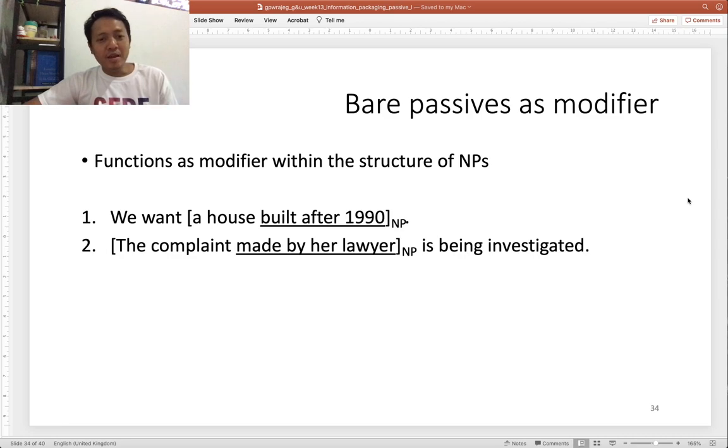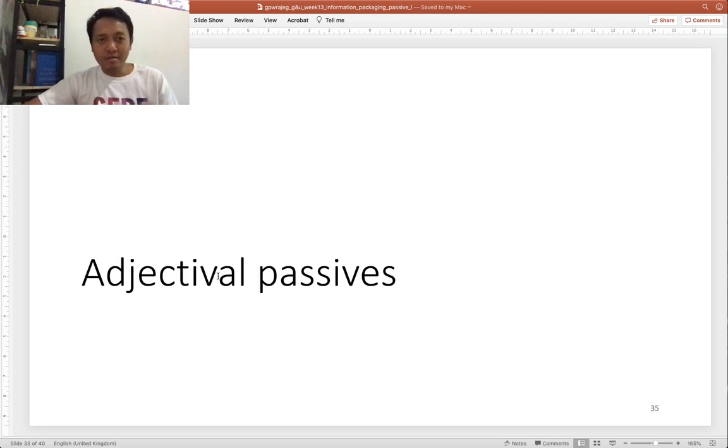Number two, the complaint made by her lawyer is being investigated. So here, same, no marker of passive, but we have this past participle verb followed by a phrase. So you can say this in a full relative clause, such as the complaint which was made by her lawyer is being investigated.